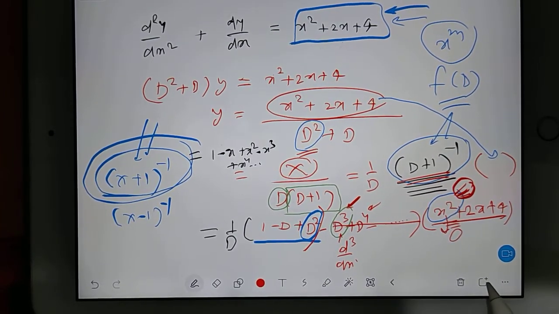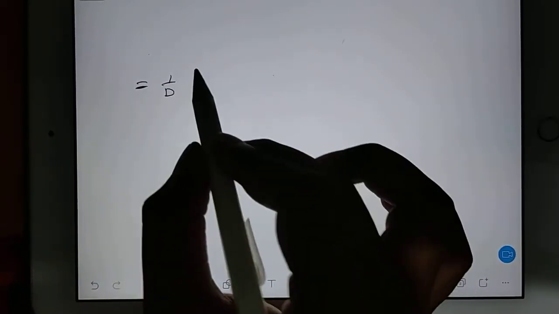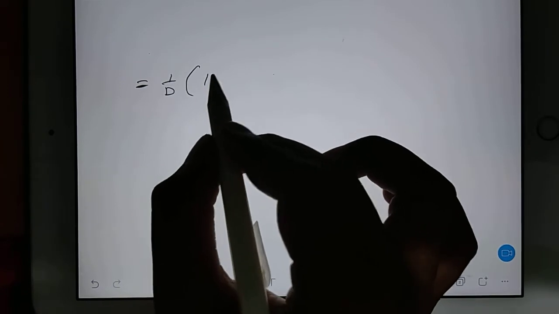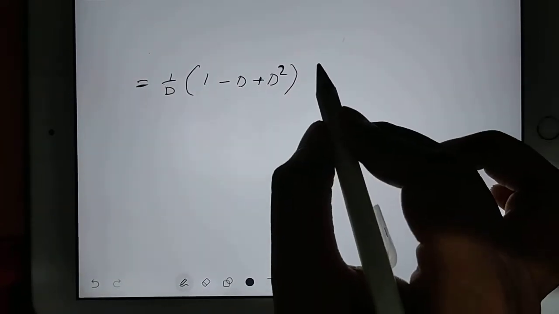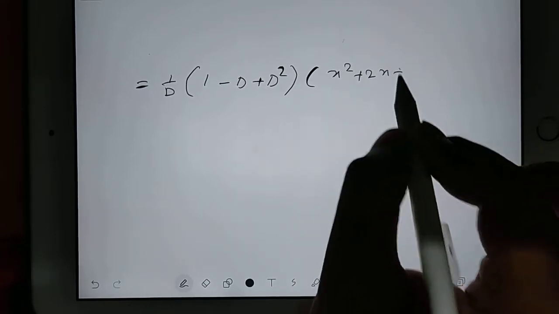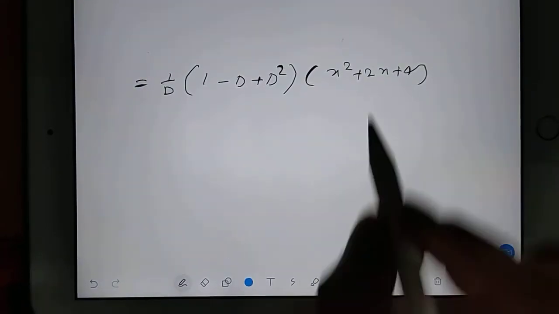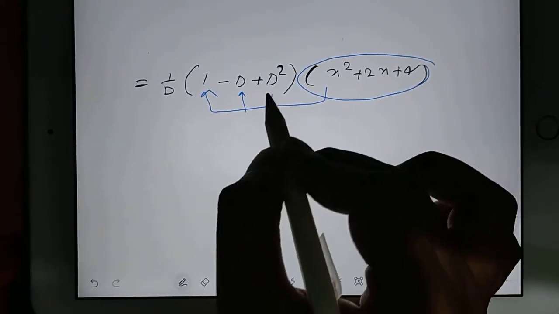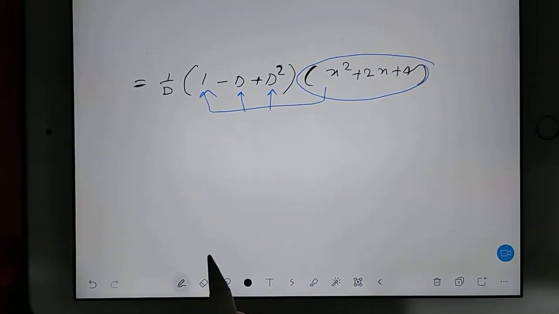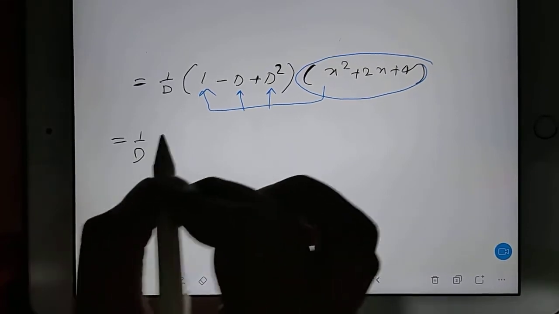I will change the page. So we are remaining with 1 by d bracket 1 minus d plus d square, and in the next bracket x square plus 2x plus 4. Now what is your duty? Take this bracket, multiply here and here. So 1 by d is as it is.